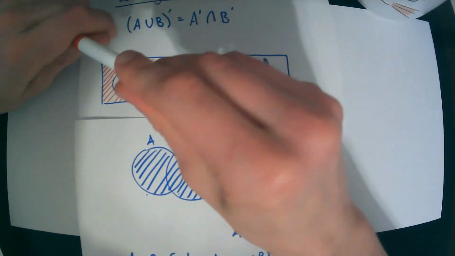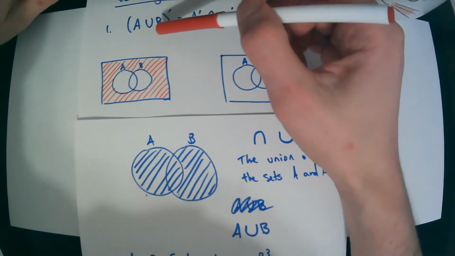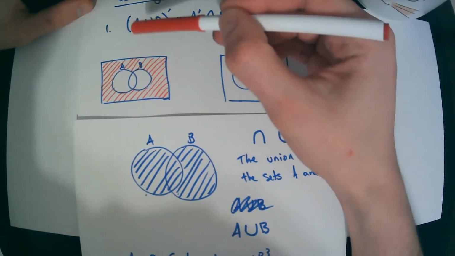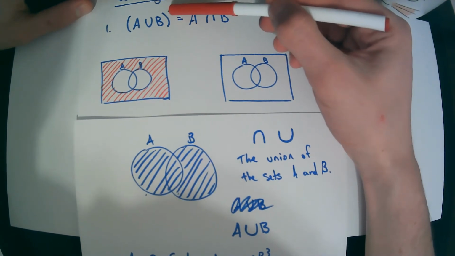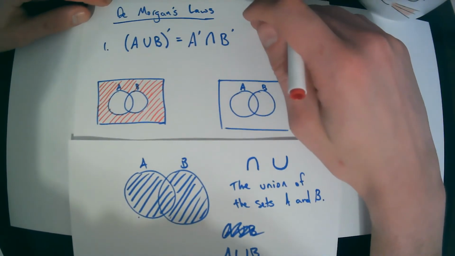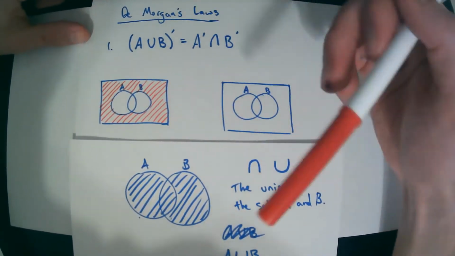So this over here means everything in the box but not in A union B. That's what the complement means. Remember, complement from section 2.2. So this is what the left-hand side looks like.